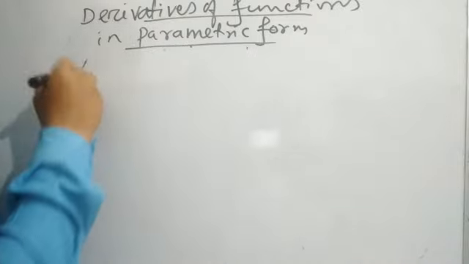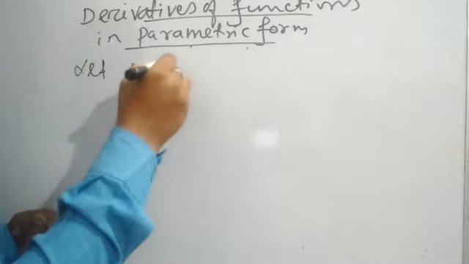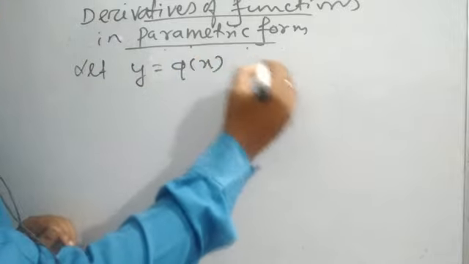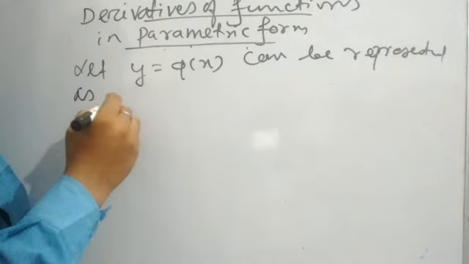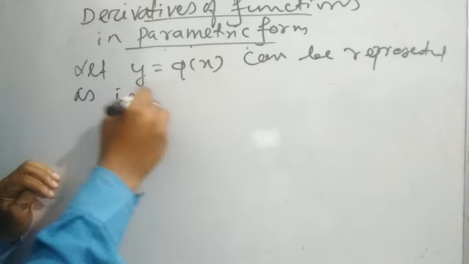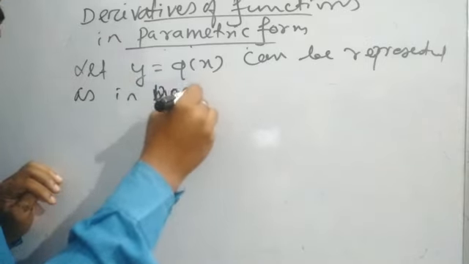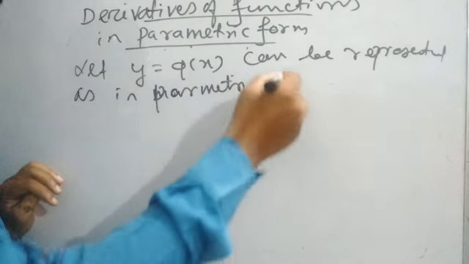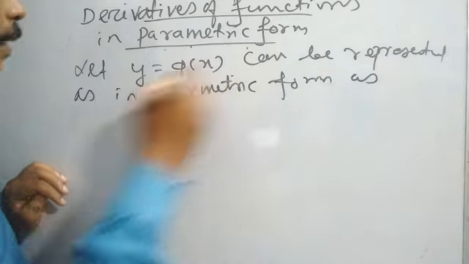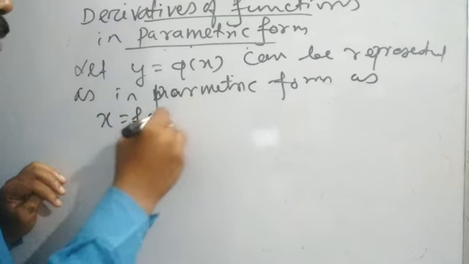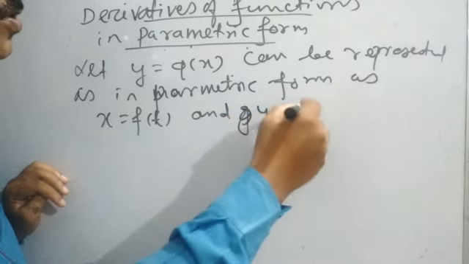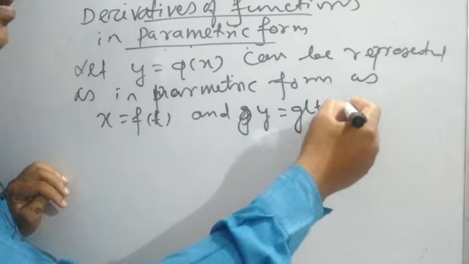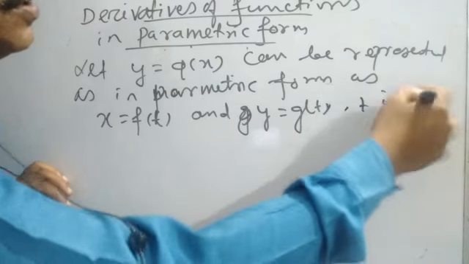So let y is equal to phi x can be represented in parametric form as x is equal to f of t and y is equal to g of t, then t is the parameter.